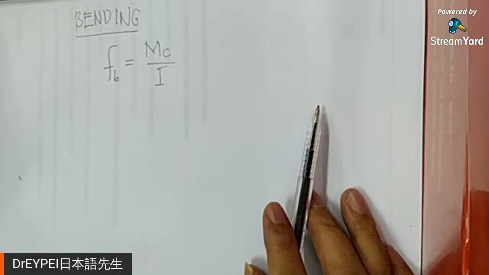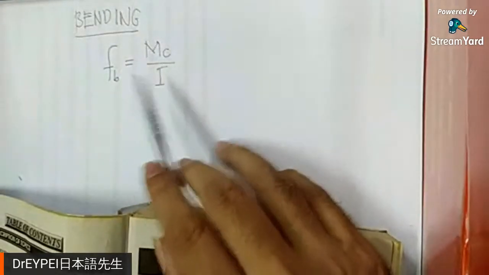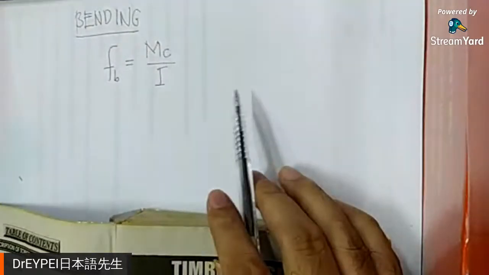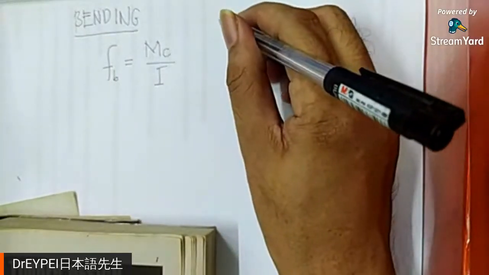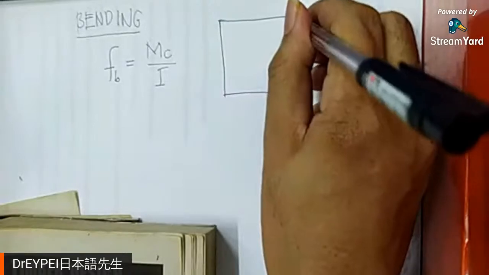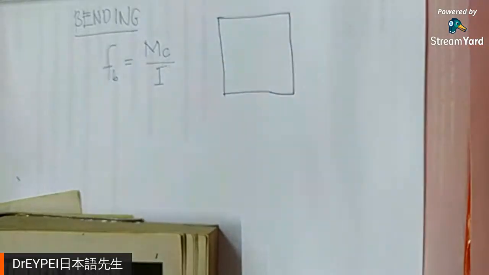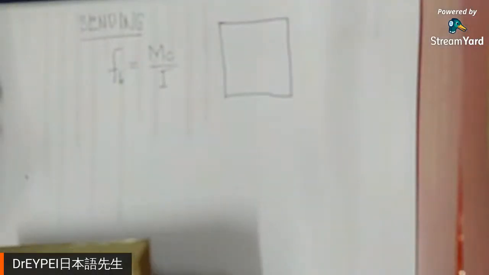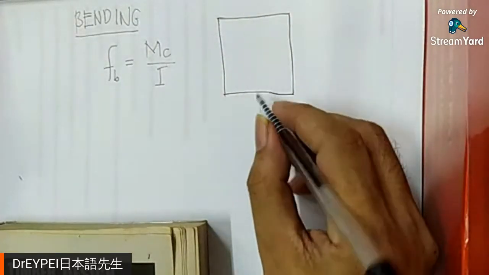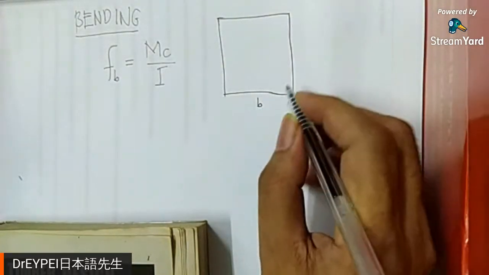Okay, look at that. And again, this is just a review from your strength of material. And if we consider a cross-section, which is generally used. What type of cross-section is generally used? It is rectangular type cross-section.